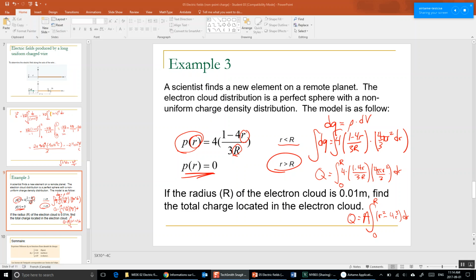And the area of one of these spheres is not 4/3 pi r squared, it's 4 pi r squared. That was the formula that you need to know for the area of a sphere, right? I made a mistake, I said 4/3 pi r squared. So it's actually just 4 pi r squared, and that's the area of one of these spheres, and then multiplied by the thickness, which is dr, will give you the volume of that shell.